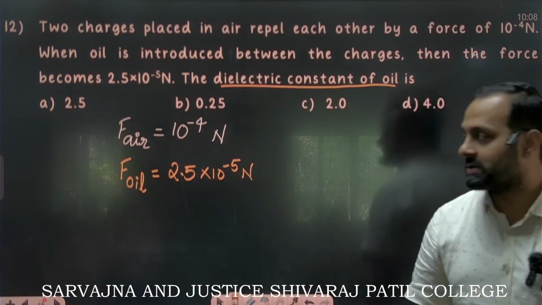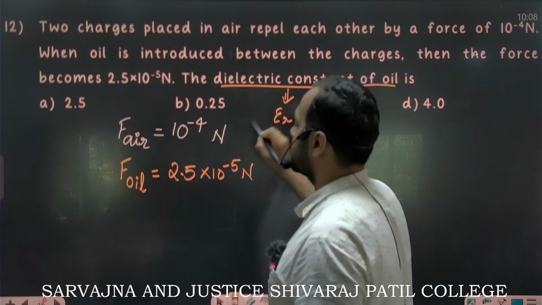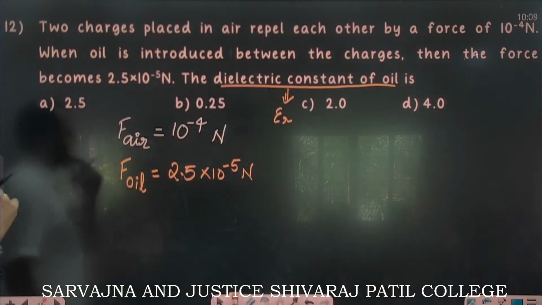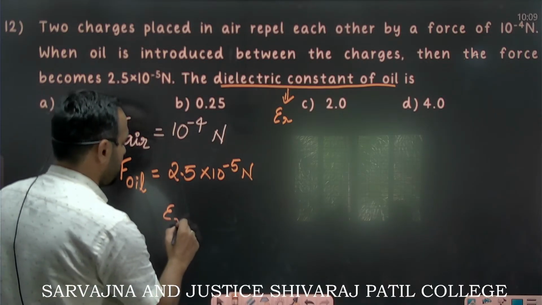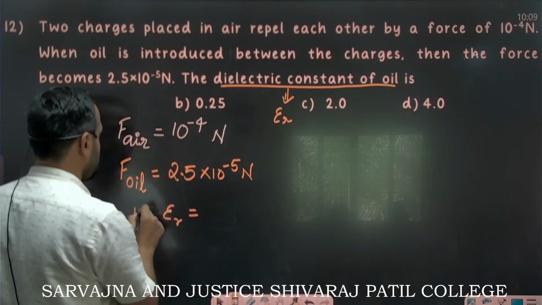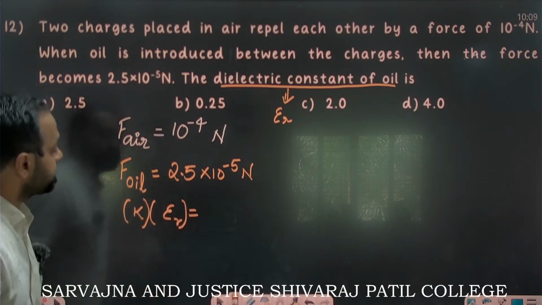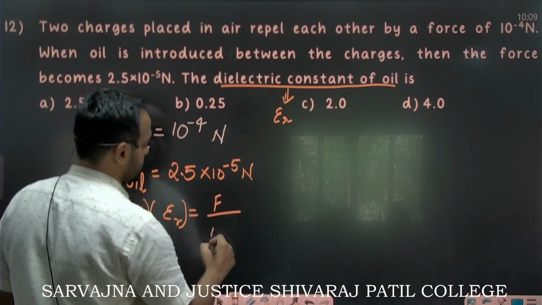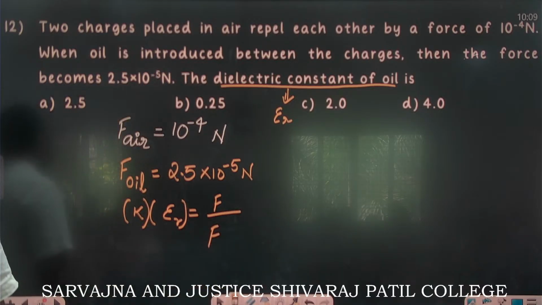What is dielectric constant? Dielectric constant simply means epsilon r, that is relative permittivity. So what is the formula of relative permittivity in terms of force? Is it force in air by force in oil or force in oil by force in air?